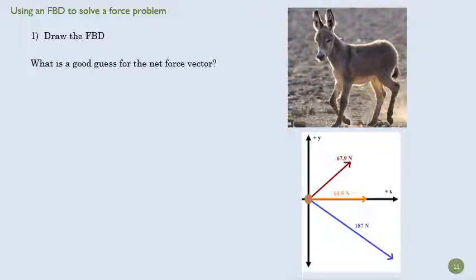So we look at this and we sort of say, what's our net force going to be? Well, clearly this vector is bigger than this one. And so there's going to be more of a pull down here. So we would expect, one, that the vector would be longer than 61, right? You would think 100 or so, because most of this force is being pulled in the rightward direction.